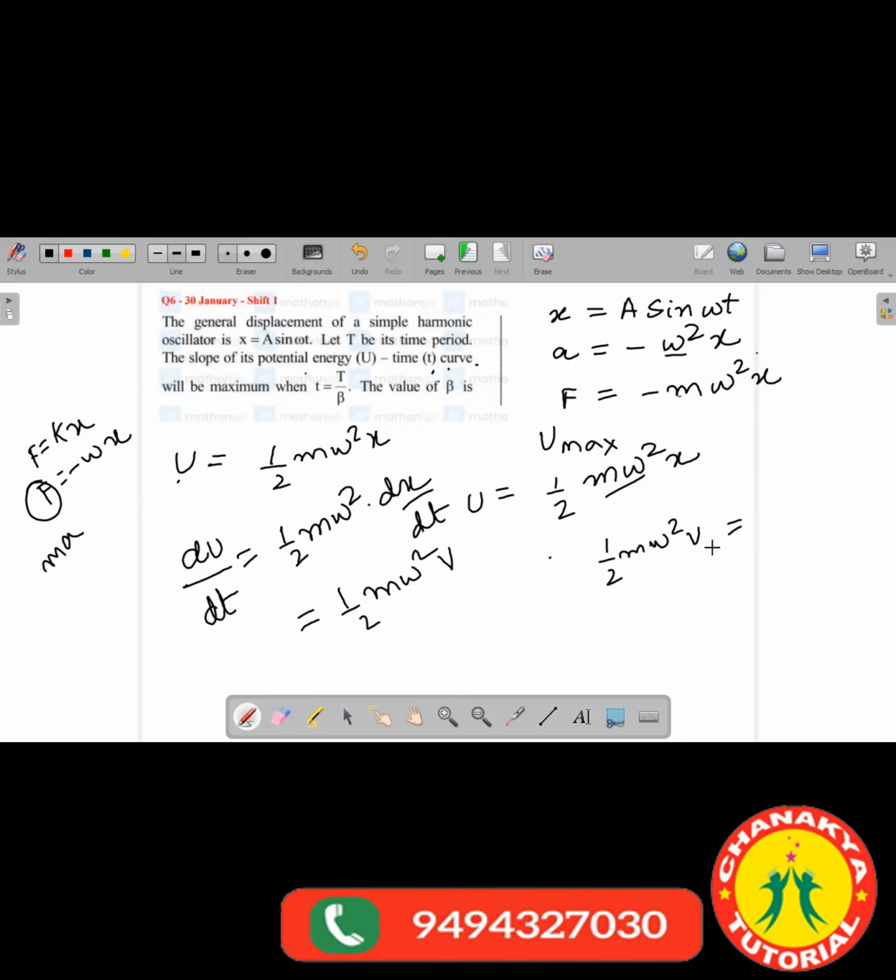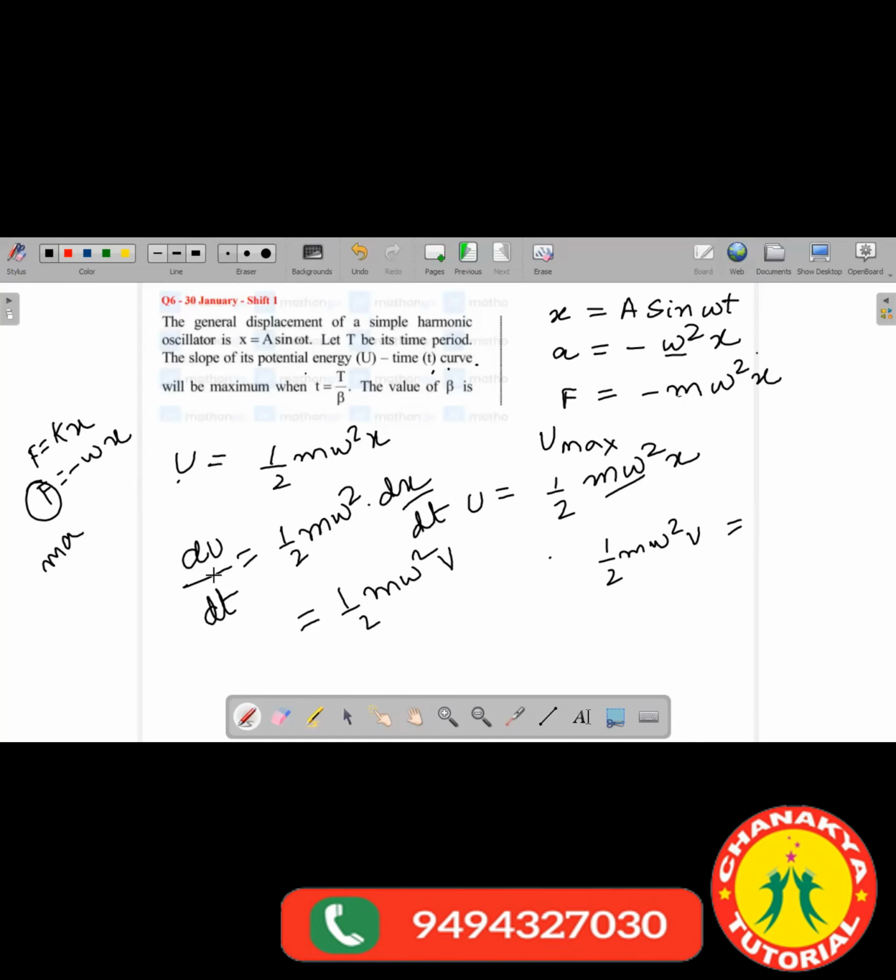So what can be the maximum value of this du by dt? Yes. Any ideas? How can we move ahead? Sriyuta? No, sir. No. Okay.